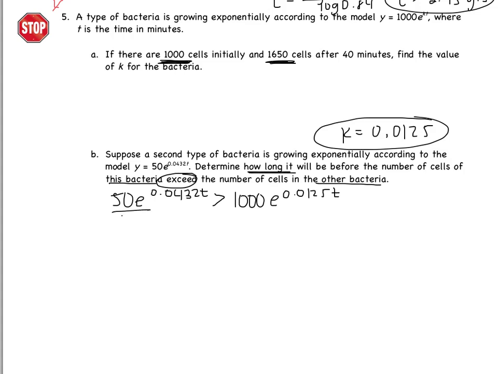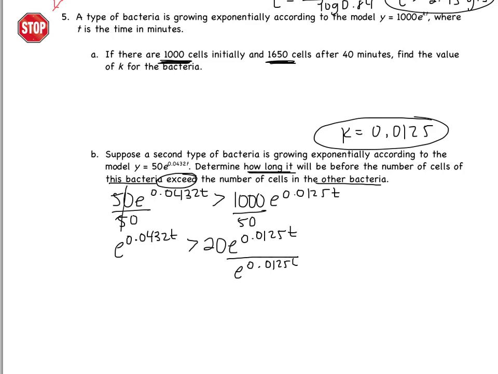First thing that I'm going to do is divide both sides by 50. So those are gone. I have e to the 0.0432t is greater than 20e to the 0.0125t. Now I'm solving for t, so I need those t's on the same side. The t on the right side is connected to that e, so I'm going to move the e as well. I'm going to divide by e to the 0.0125t. Okay, so that goes away.